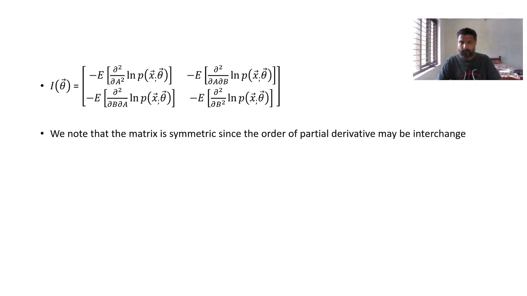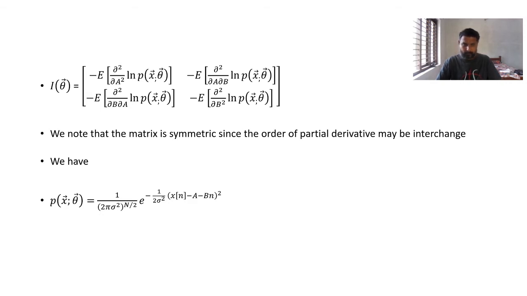Since the order of the partial derivative matrix may be interchanged, so we have p of x of theta, that is the likelihood function, p of x of theta is nothing but (1 by 2 pi sigma square) whole raised to n by 2 exponential of minus 1 by 2 sigma square sum of x of n minus a minus b n the whole square.